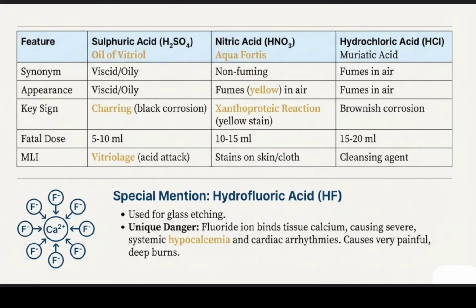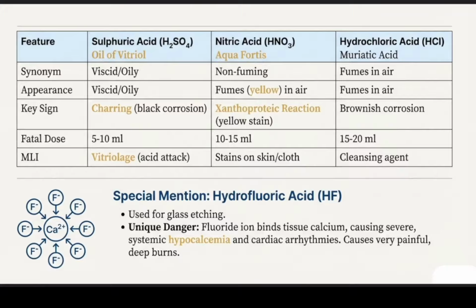Remember that whenever there is a fluoride ion, this fluoride ion is going to bind with the calcium, and that is going to lead to severe systemic hypocalcemia as well as cardiac arrhythmias. Not only that, they can cause very painful and deep burns in hydrofluoric acid.